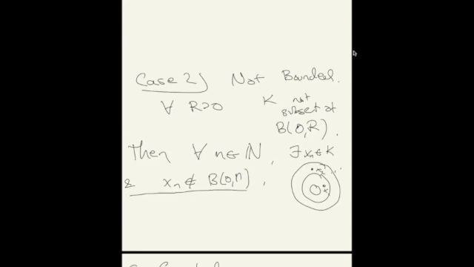Well, since K is compact, there exists a convergent subsequence, so there exists an nk so that the limit as k goes to infinity of xnk is equal to some x in K.